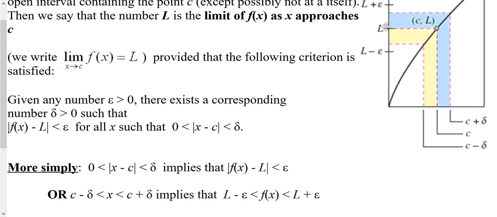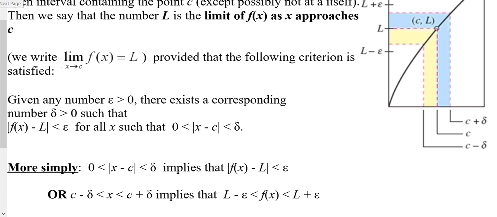So my function's graph is just below my limit plus epsilon and just above my limit minus epsilon whenever I try something within delta units on each side of C, so C plus delta and C minus delta. So if I'm ever in this region just to the right of C or to the left of C, my output of my function is always in between these two. That's what the limit is talking about.